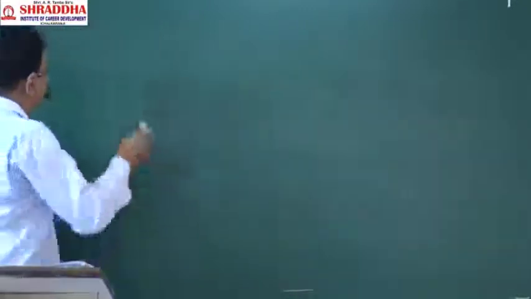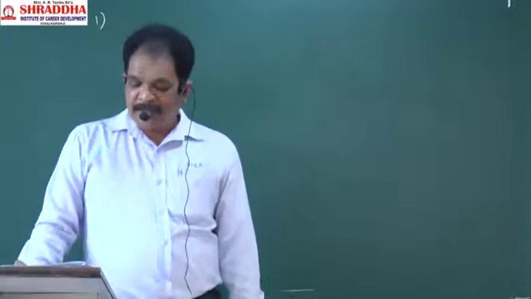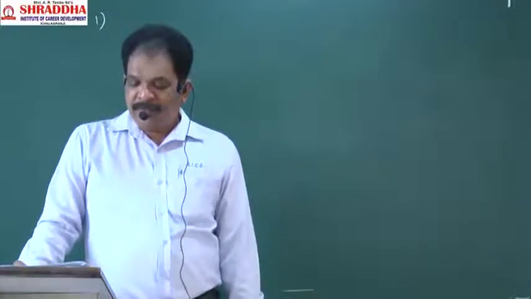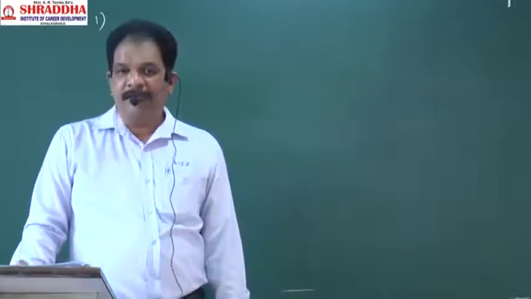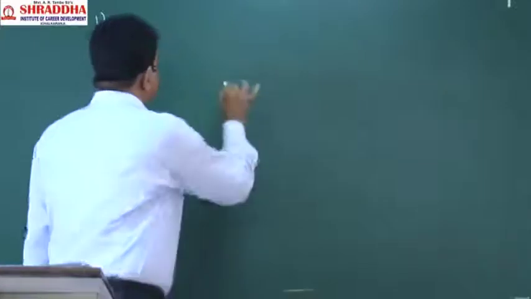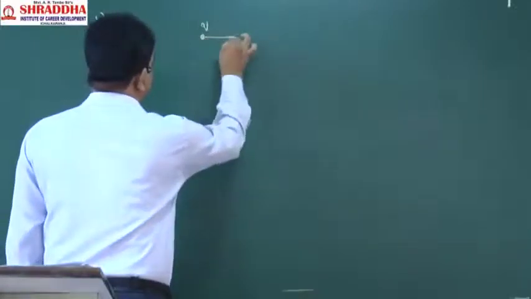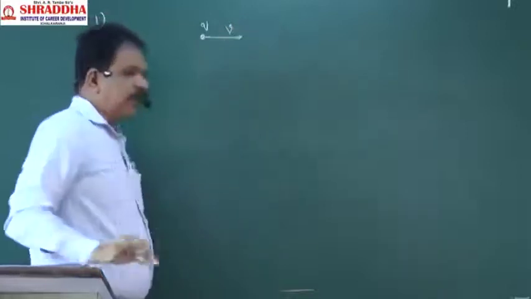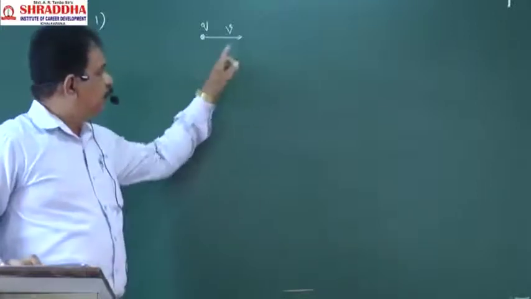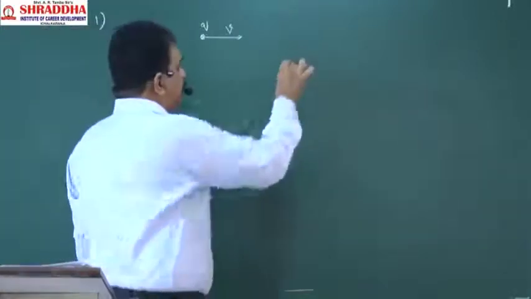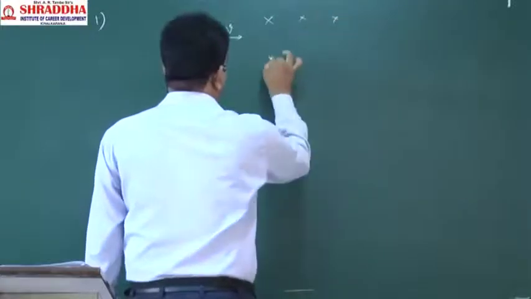Next, in that first question: the force experienced by a charge Q moving with velocity v in a magnetic field B is given by F is equal to BQV. Find the dimensions of magnetic field. One charge Q is there, moving with velocity v, and it entered into a magnetic field.